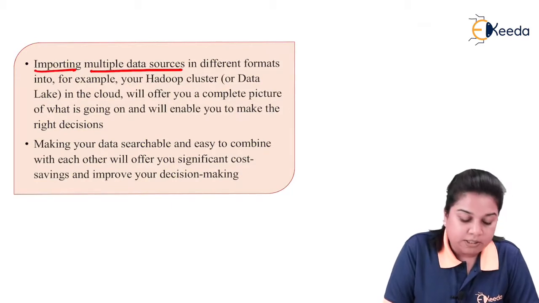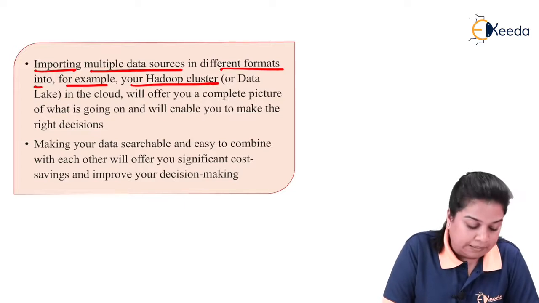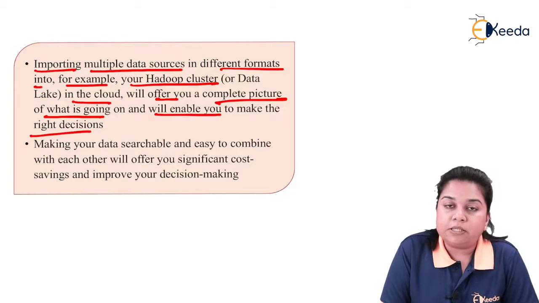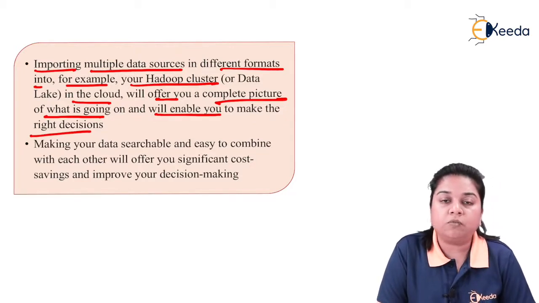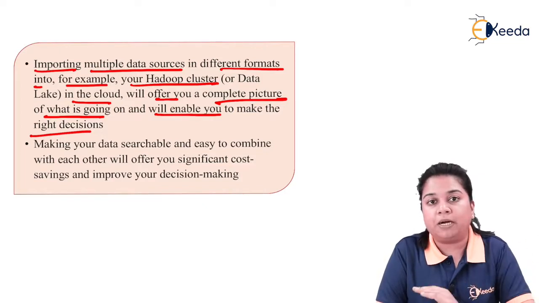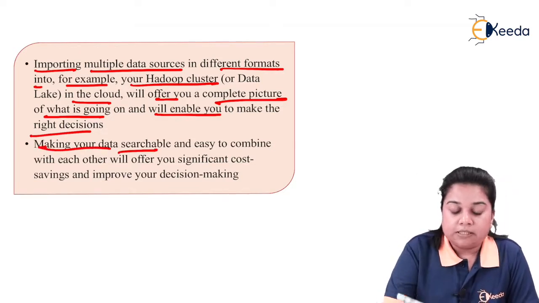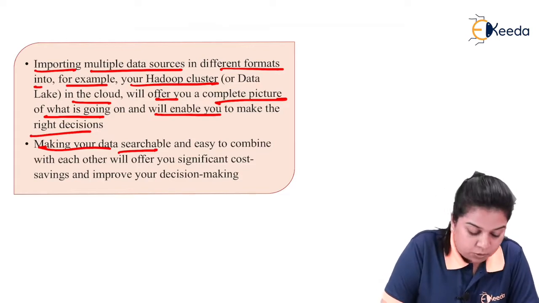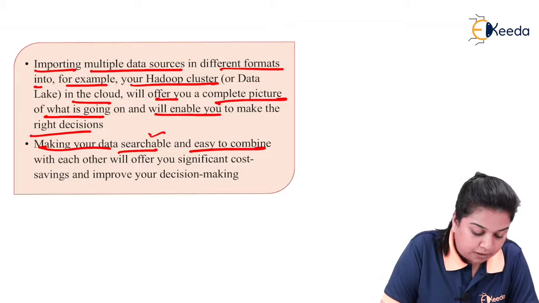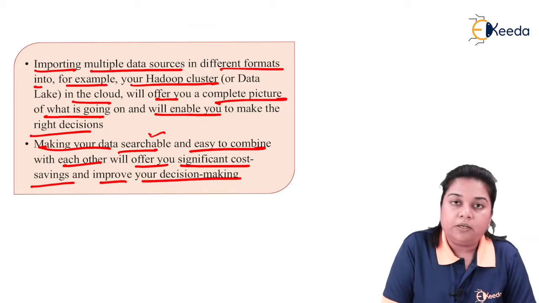Importing multiple data sources in different formats into, for example, a Hadoop cluster or data lake in the cloud will offer the company a complete picture of what is going on and will enable it to make the right decisions while using analytics as a service, because it will give you a complete analysis of the things you have been practicing before. Since it provides a complete analysis of the data, it makes the data searchable and easy to combine with each other, and will offer you significant cost savings and improve your decision making.